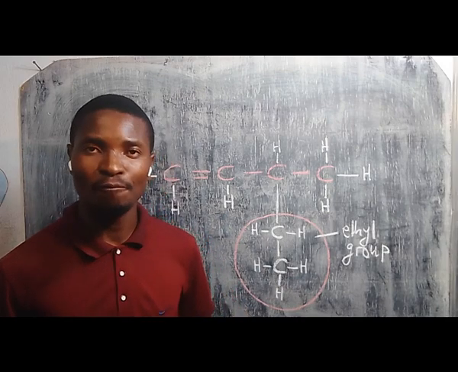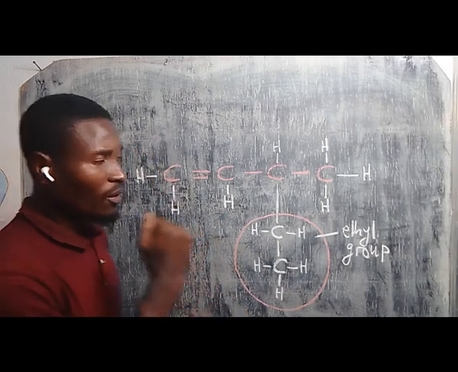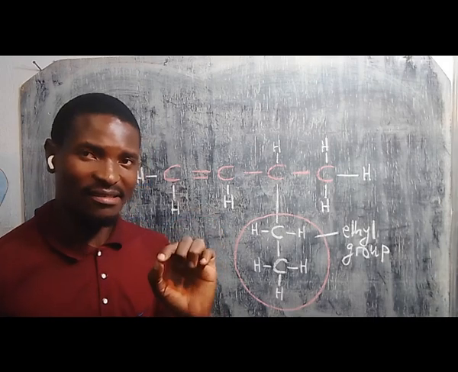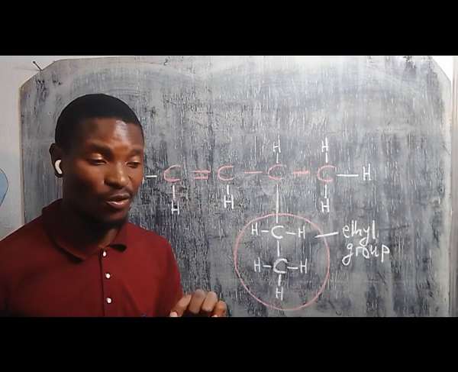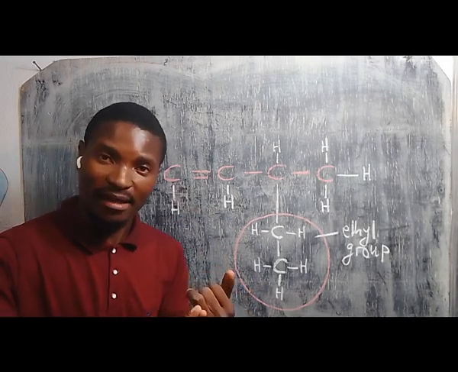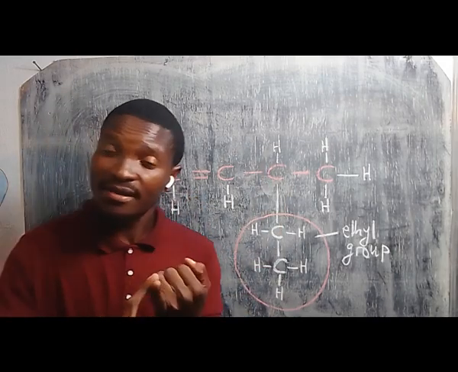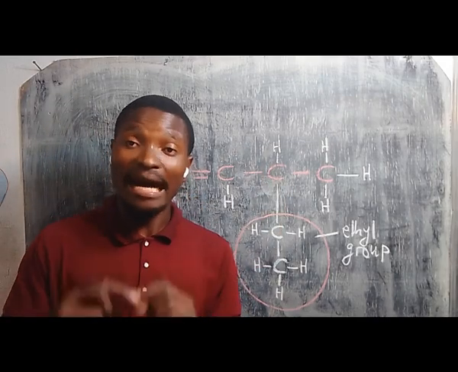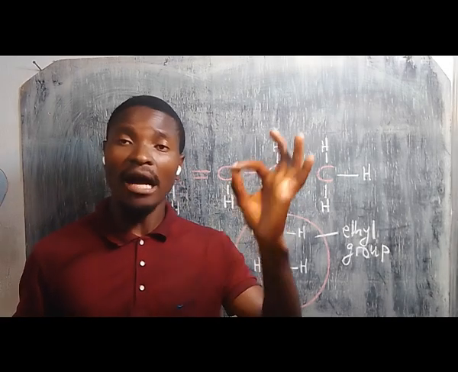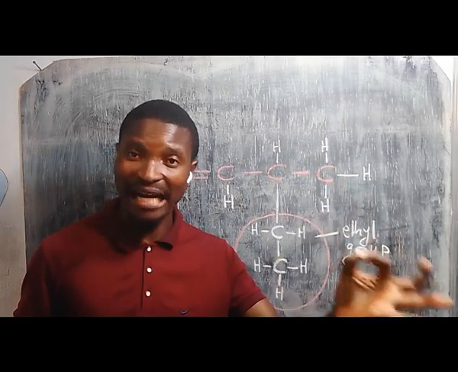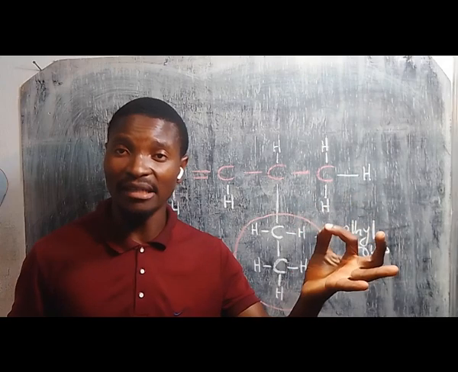The key thing in coming up with the name of an isomer, especially under the alkenes, is to understand at what position of the carbon the double bond is occurring.